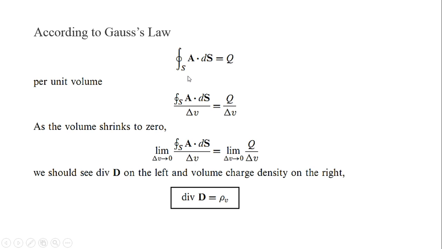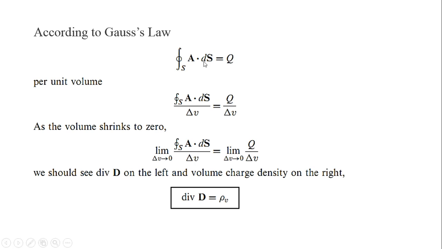So according to Gauss's law, the closed surface integral of the electric flux density, or the total flux that is leaving a closed surface, will be equal to the total charge enclosed by the closed surface. This is Gauss's law.